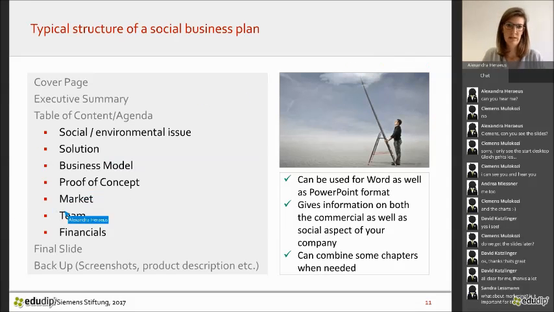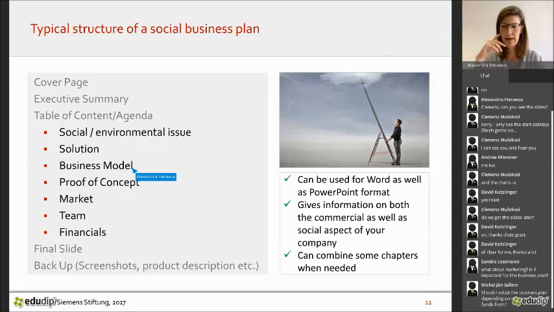In this structure here, I would include it in the business model and say, like in the storyline, how do I sell my product? So what price and who are the customers, and then in the next steps talk about the marketing and sales activities.